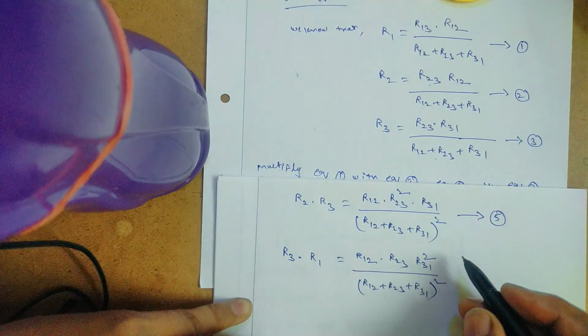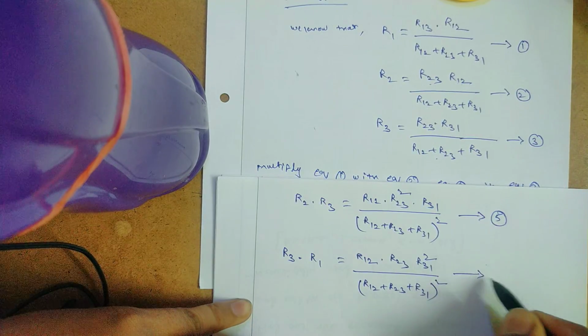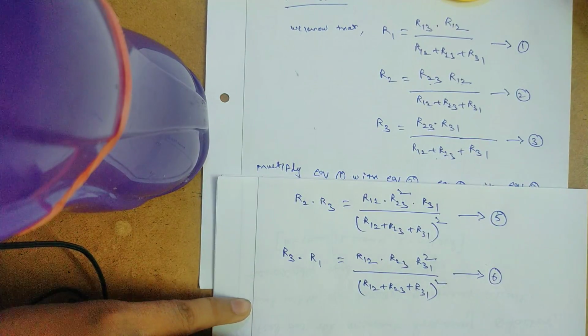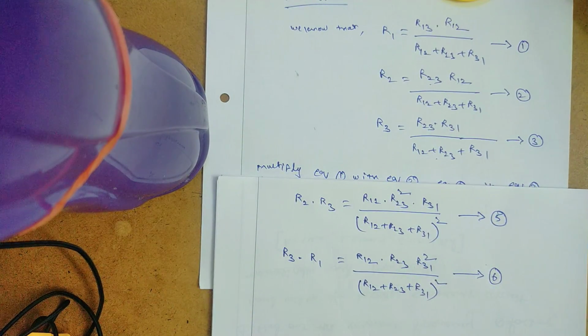Numerator both are same. We get whole square. This is expression number 6.